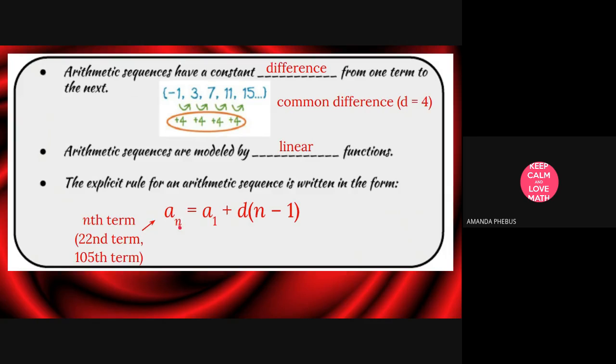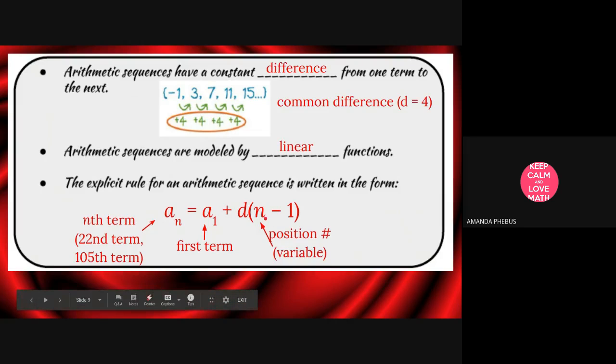So that's A sub n equals A sub 1. Now, A sub 1, there's a number there. There's not an n. So that would mean that this is the first term. So whatever the first number is, that's going to go in that spot. All right, we're going to skip to n. N is the position number. Usually when we are dealing with writing the rule, writing the equation, this is going to be a variable, as well as A sub n is going to be a variable.